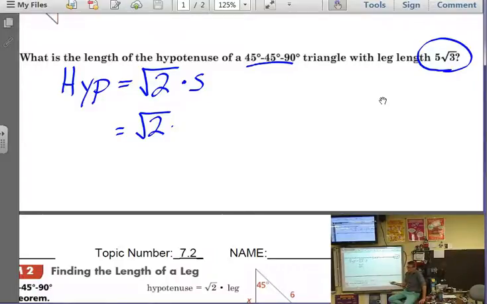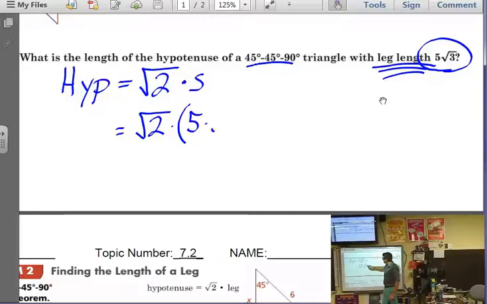There's no short side, long side, anything like that. What do I plug in to my whole radical 2 times side length? If it tells me the leg length is 5 radical 3, this S is for side length, but that is just the leg length. So it just becomes 5 radical 3.